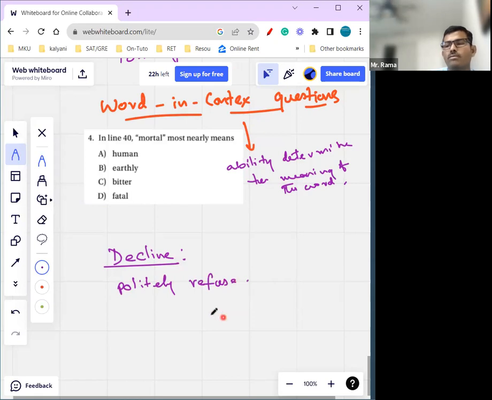Okay, decline can be diminishing in strength, it depends. Or down, or move downwards.